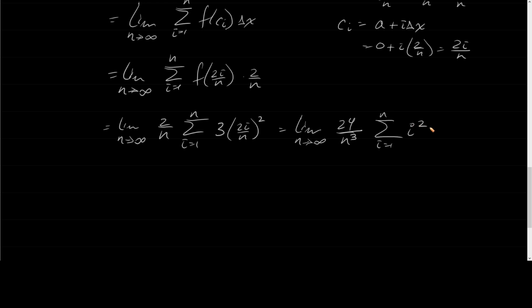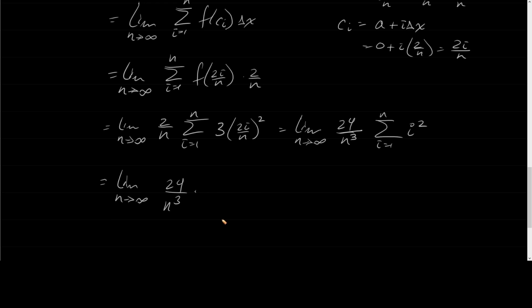And at that point, well, we know what that summation becomes. So we have the limit as n goes to infinity of 24 over n cubed times, well, actually, this becomes n squared times n plus 1 squared over 4, right? No, sorry, that's the formula for i cubed.